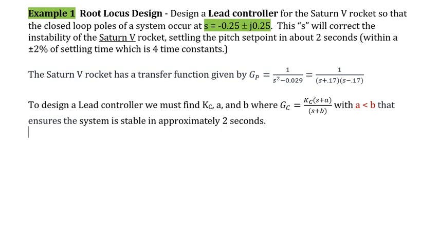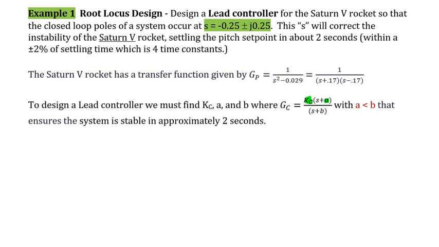First of all, we have this formula that we're using for the lead controller. This formula is found on the table at the beginning of Chapter 9 and provides a number of constants that we need to figure out. One is K sub C, which is the controller gain.